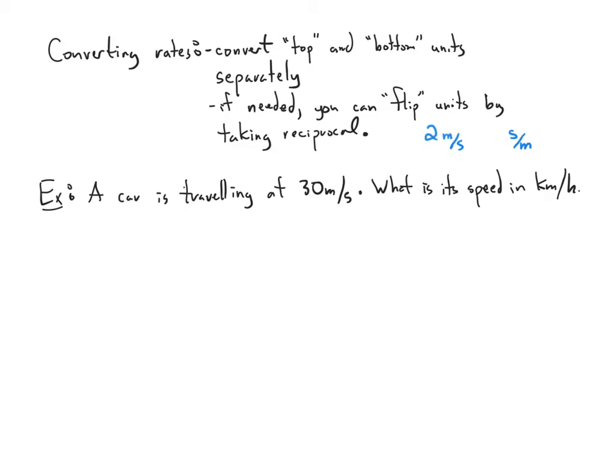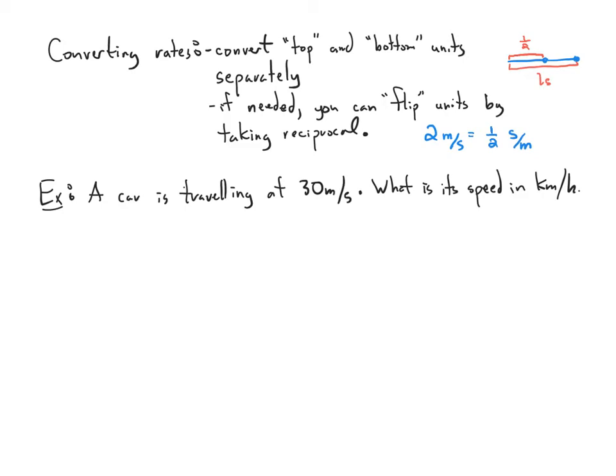Here is our 2 meters, and all that takes 1 second. Then how many seconds have elapsed after we've traveled 1 meter? Well, of course, that is half a second. So you're just taking the reciprocal, or flipping both your unit and the quantity of it. So this is the same as 1/2 seconds per meter. Okay, that'll come up in the next example.